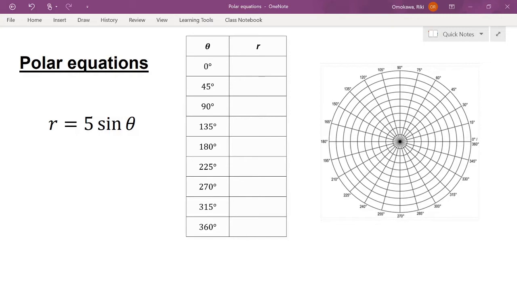Notice that, from the table and the graph, we can tell, okay, we're supposed to be working with degrees in this example. So don't forget to be mindful about whether your calculator should be in degrees or radians. So if you use your calculator in degree mode to get the r values, this is what you should get. So here's the table you should get.